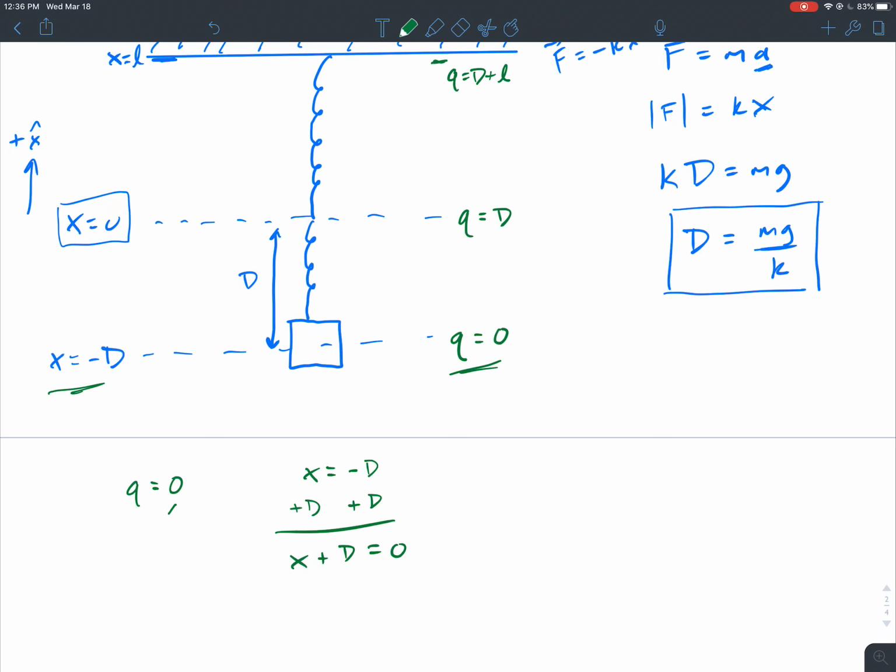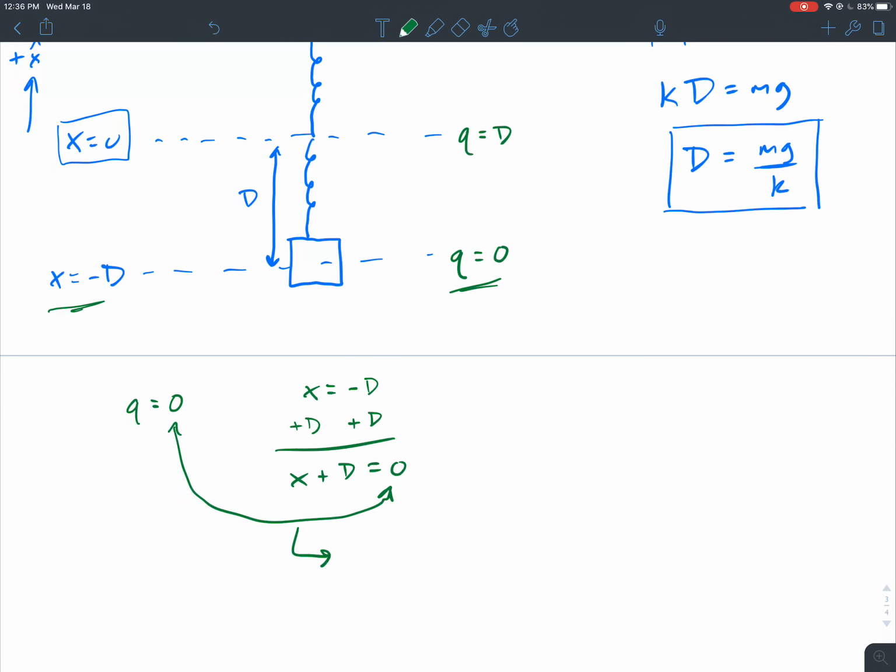Well, you know what? 0 equals 0, which means q equals x plus d. Simple enough. And now we want to look at conservation of energy.